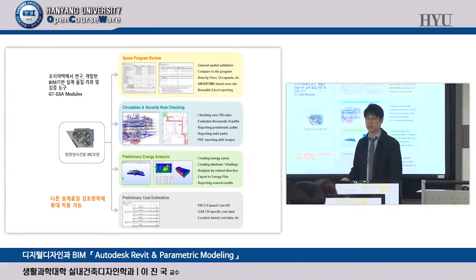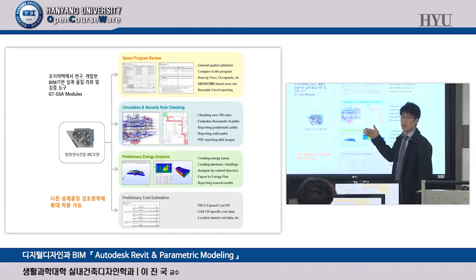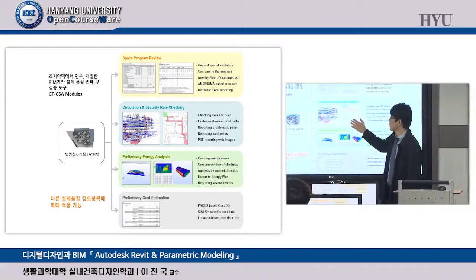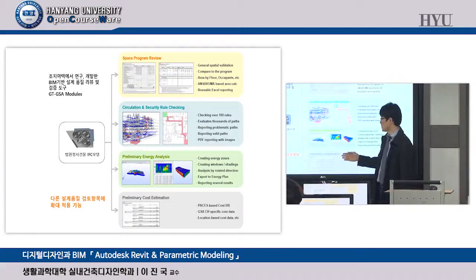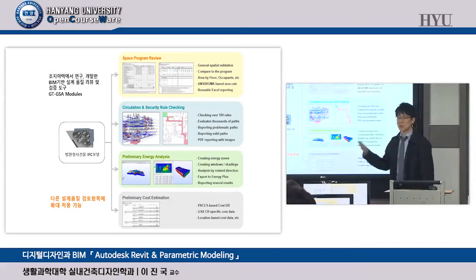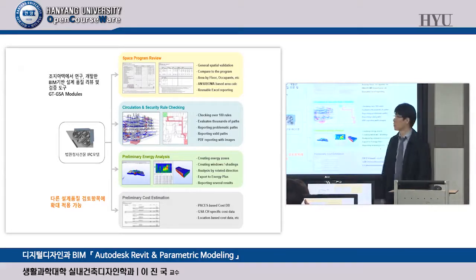When an architect designs courthouse alternatives using Revit or any other BIM tools, we get a Revit model, an IFC model, and analyze space program, circulation and security, energy analysis, and cost estimate, in several ways. Then we suggest which design is the best option for this courthouse.